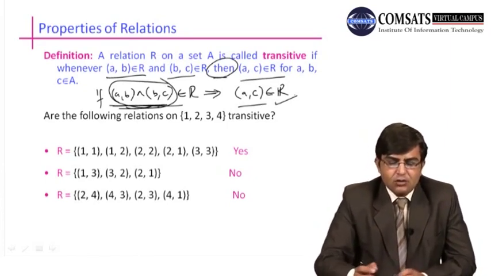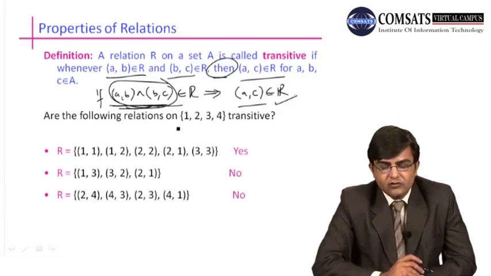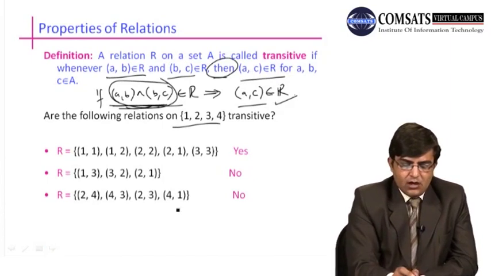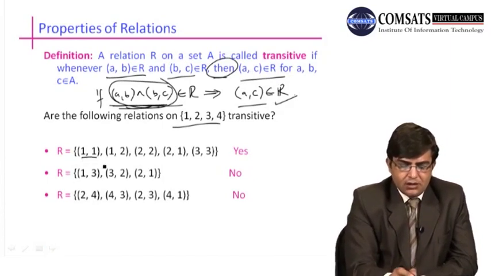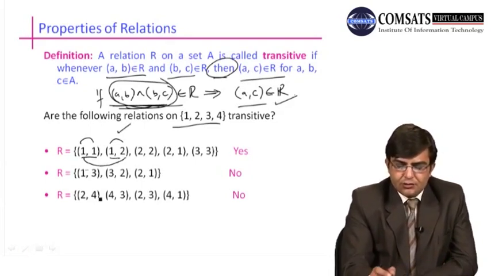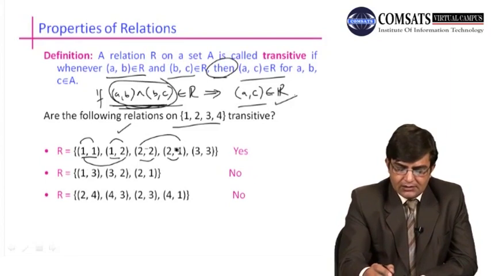Are the following relations on this set 1, 2, 3, 4 transitive or not? Here 1 1, 1 2: 1 is related to 1 and 1 is related to 2. Now 1 must be related to 2, so 1 2 is present here. 2 is related to 2 and 2 is related to 1. Now 2 1 must be present here, so 2 1 is also here.